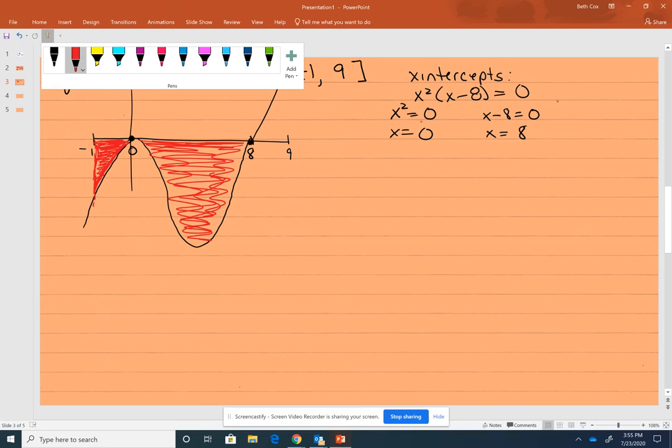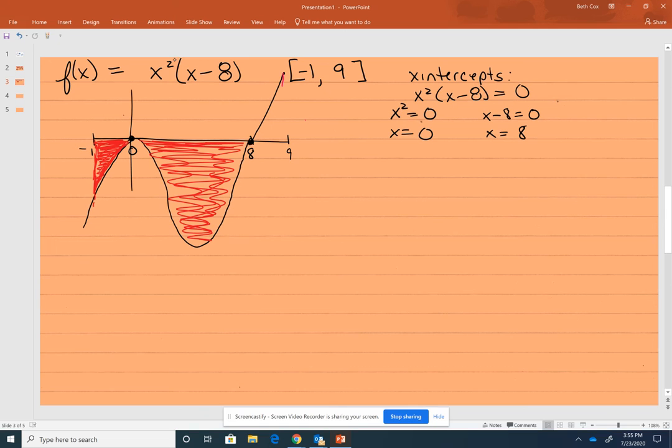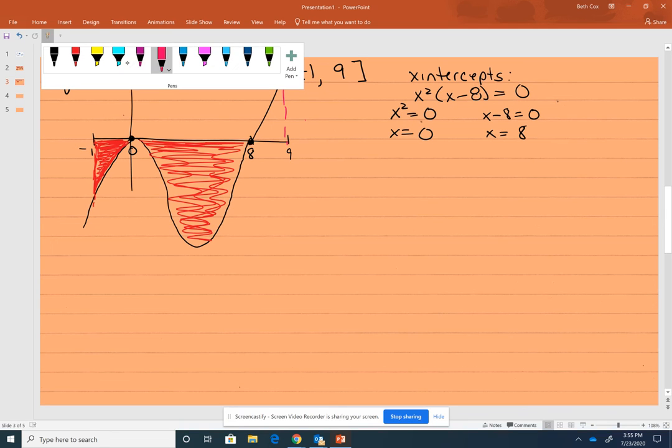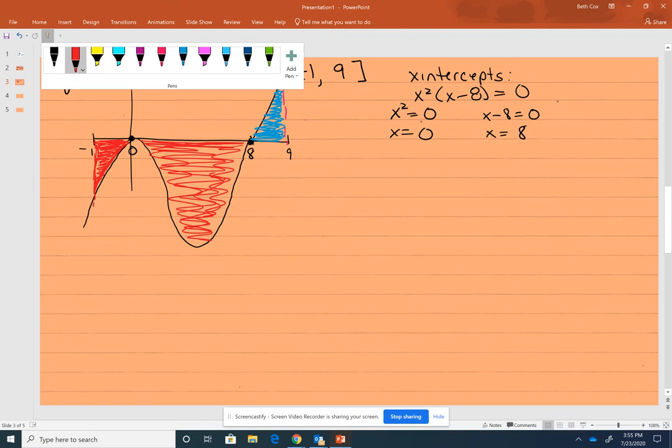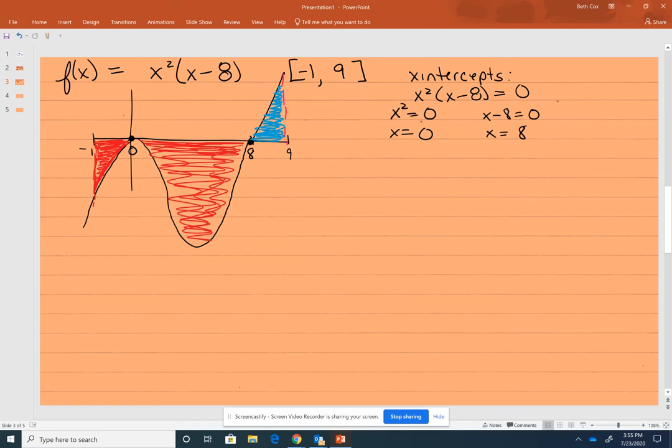And then the second section. This one here. I could do it in 3 or I could do it in 2. I want you to be ready to be able to do it in 3 or 2.